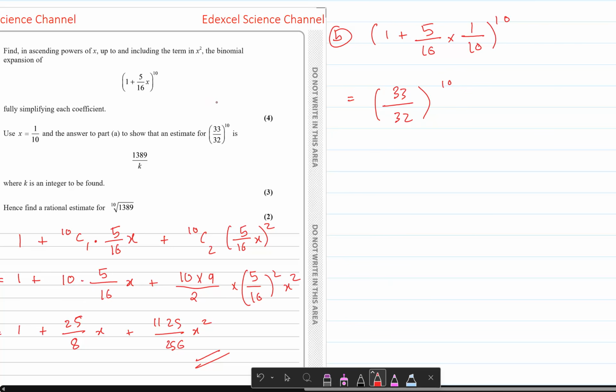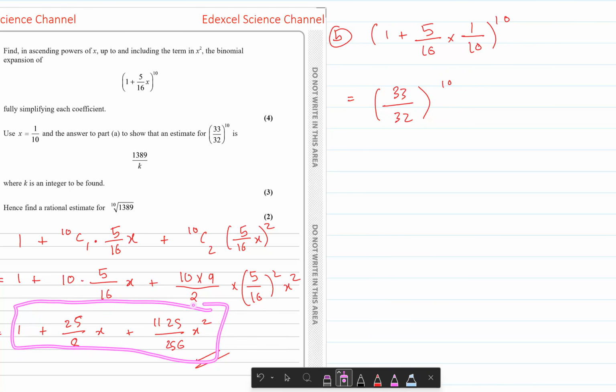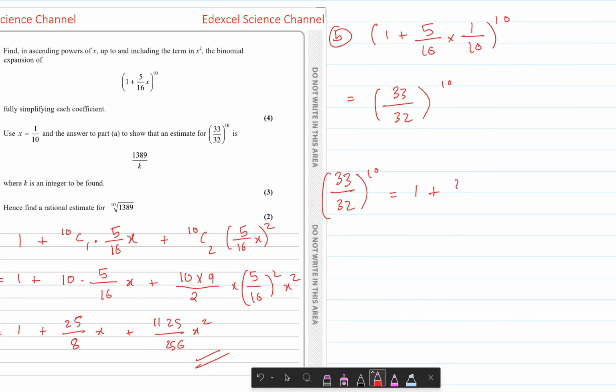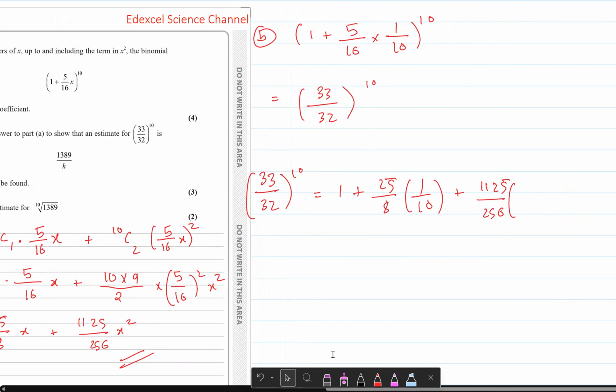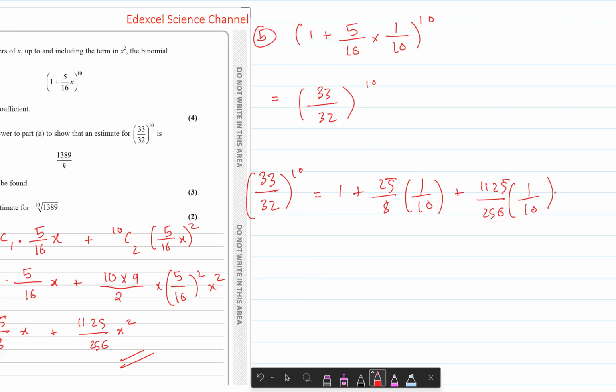That means this binomial expansion that I found over here is the binomial expansion of 33 over 32. So I can say 33 over 32 to the power 10 is equals 1 plus 25 over 8 times 1 over 10 plus 1125 over 256 times 1 over 10 whole square.